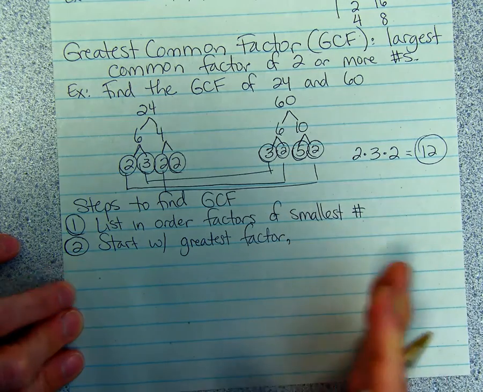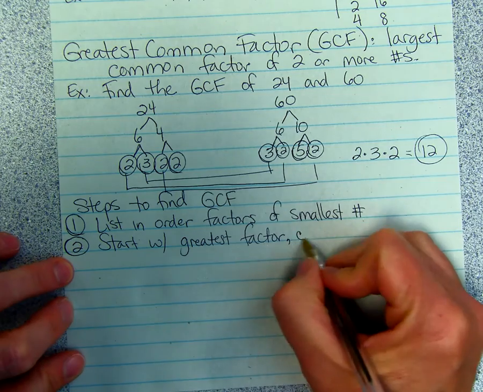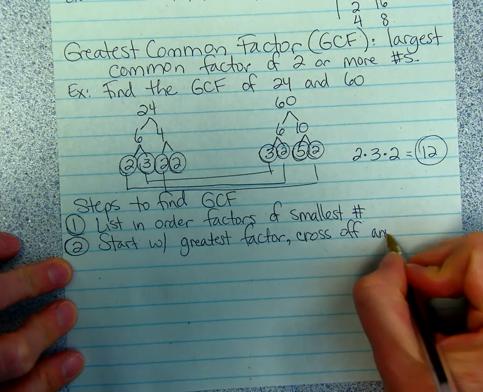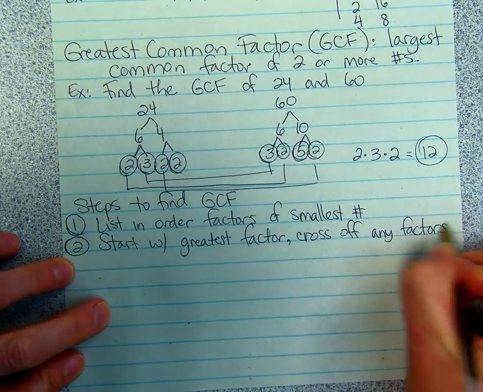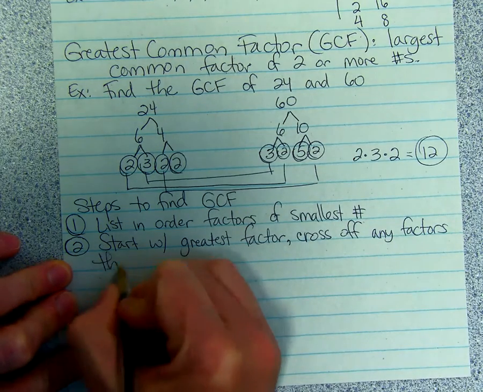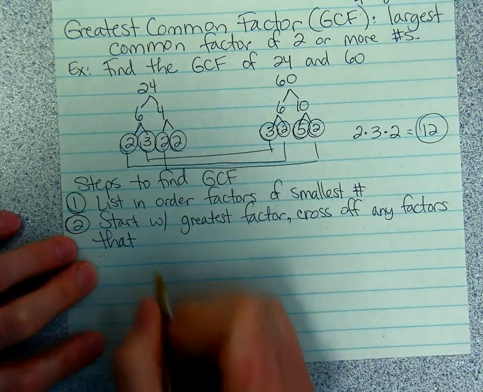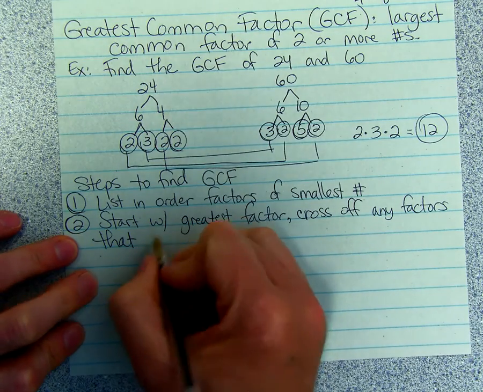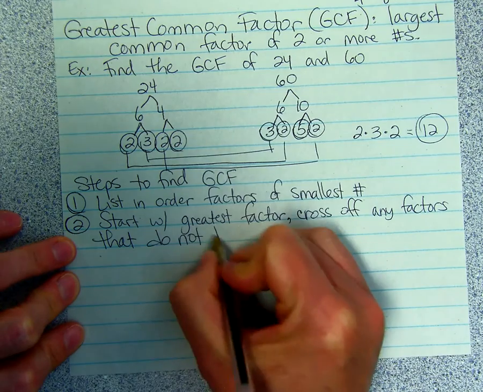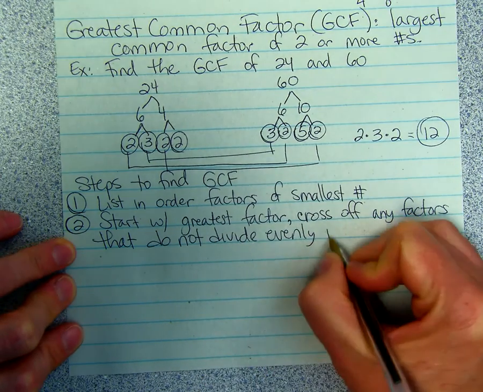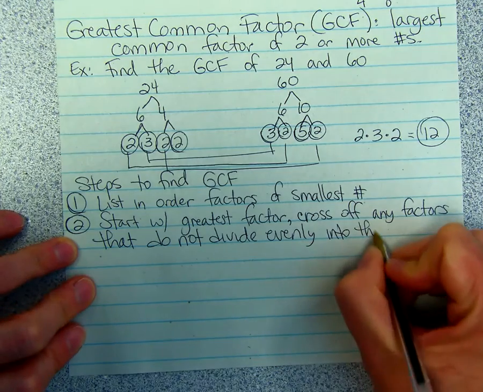So start with the greatest factor of that smallest number and cross off any factors that do not divide evenly into the other number, the bigger number.